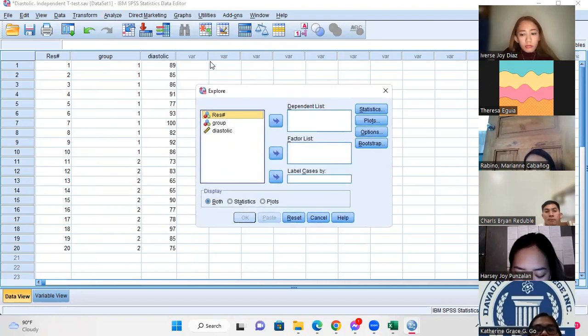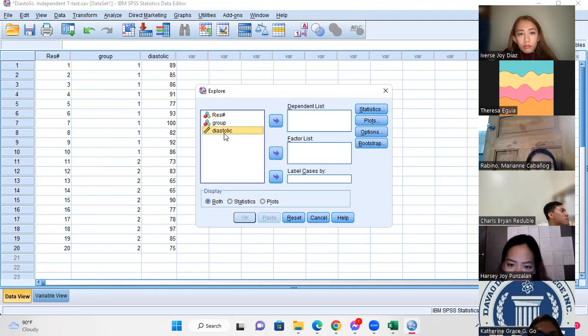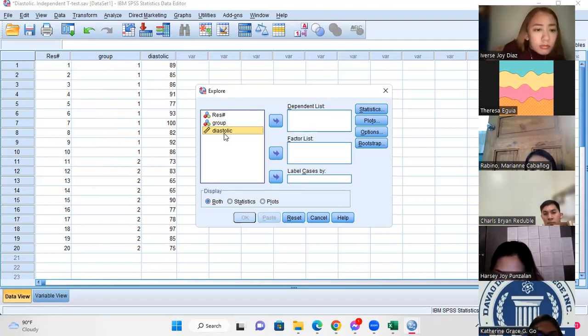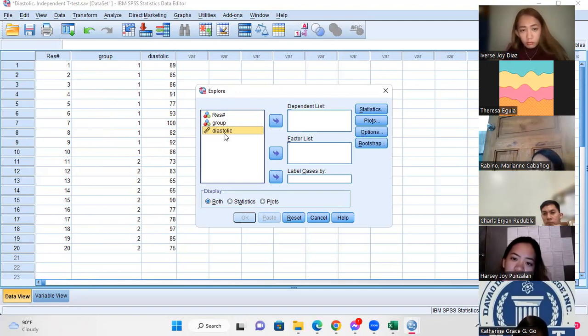Okay. Diastolic, we will place the diastolic in the dependent list because diastolic is the dependent variable. Kung ano yung dependent variable, ilagay natin sa dependent list.